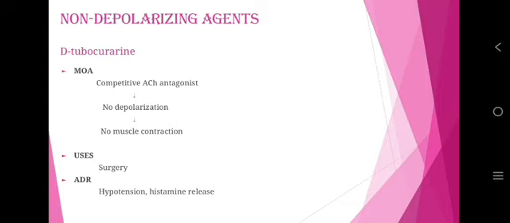This is the process of how skeletal muscle relaxation occurs on administering D-tubocurarine. This D-tubocurarine is most commonly used at the time of surgery for relaxation of skeletal muscles. The common adverse effects of this D-tubocurarine are hypotension and histamine release.